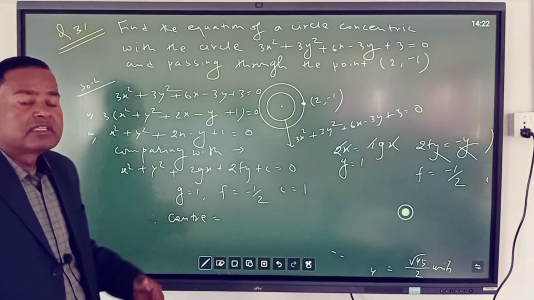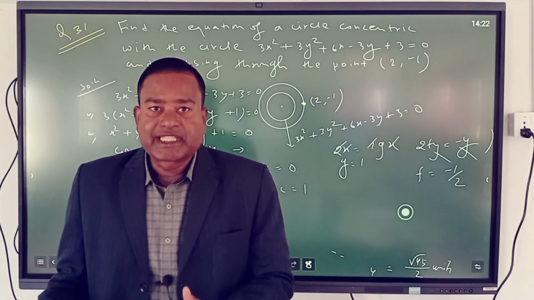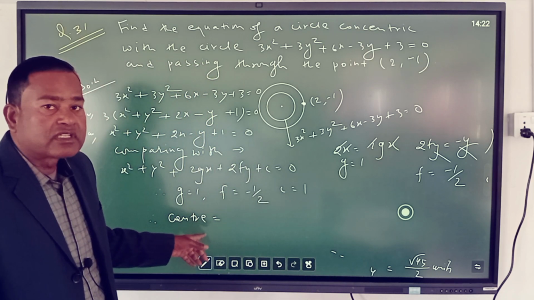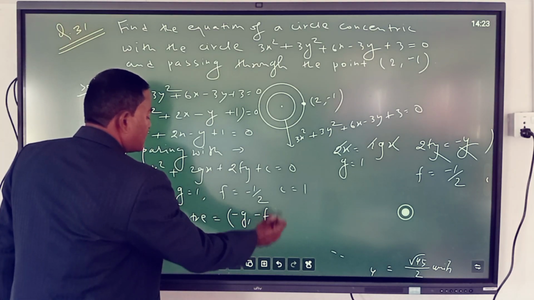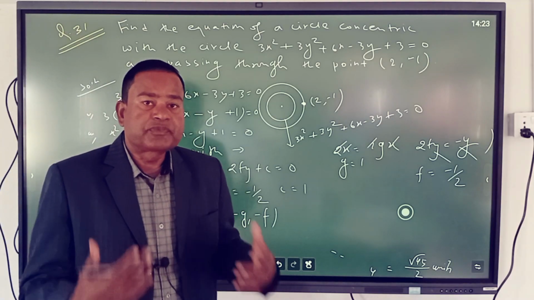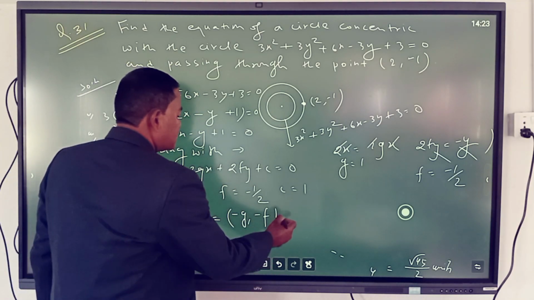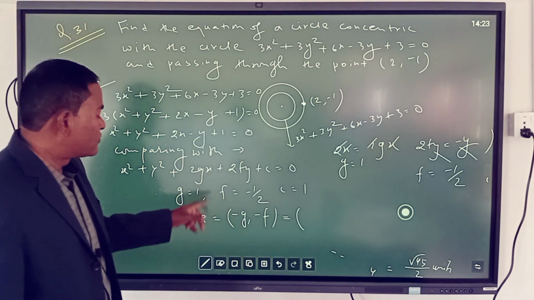Dear student, in the case of the equation of circle in the general form, the center of the circle is given by minus g comma minus f. So let's put the value of g and f. The value of g is 1, so minus 1.